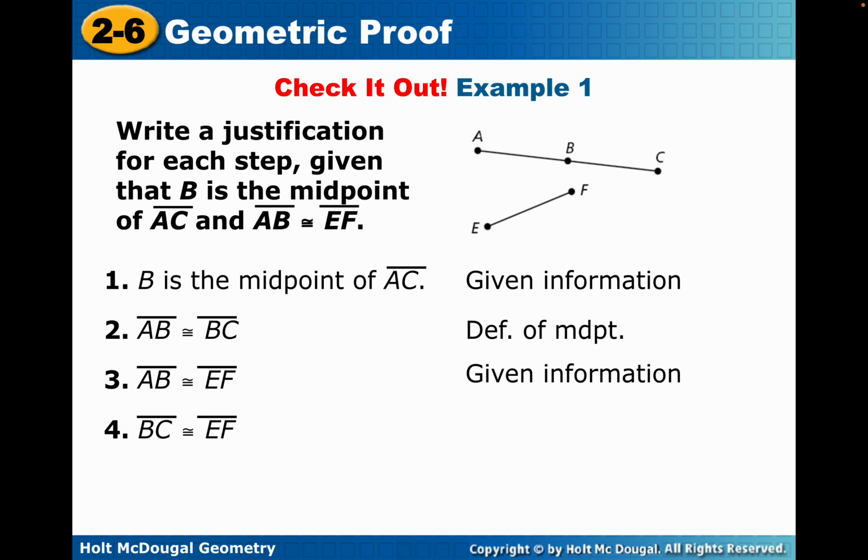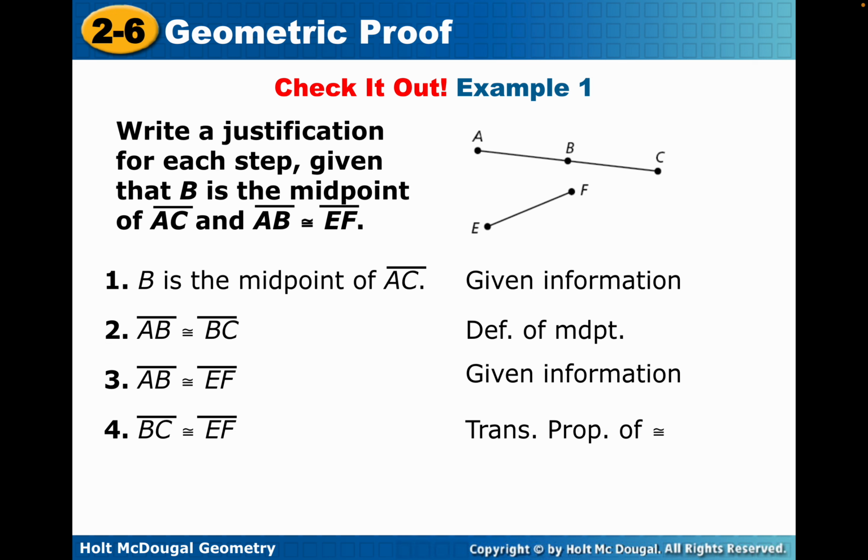It is a property. It's transitive. Transitive property. If you don't remember, the transitive property is: if A equals B and B equals C, then A equals C. So let's look at it this way.